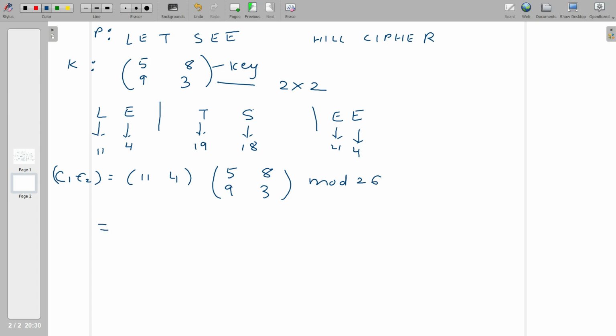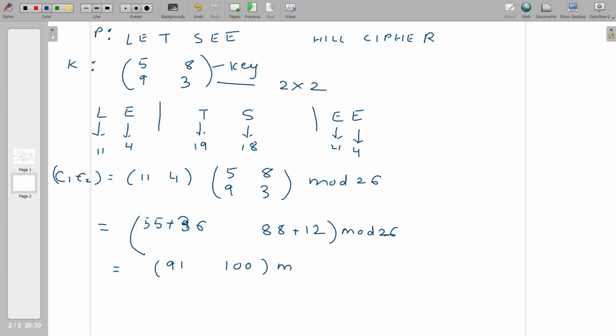So let me write it here. 11 into 5, which is 55, plus 9 into 4, which is 36. Similarly here, 11 into 8, which is 88, plus 4 into 3, which is 12, and it is going to be mod 26. So the first is 91 and the second one is 100.